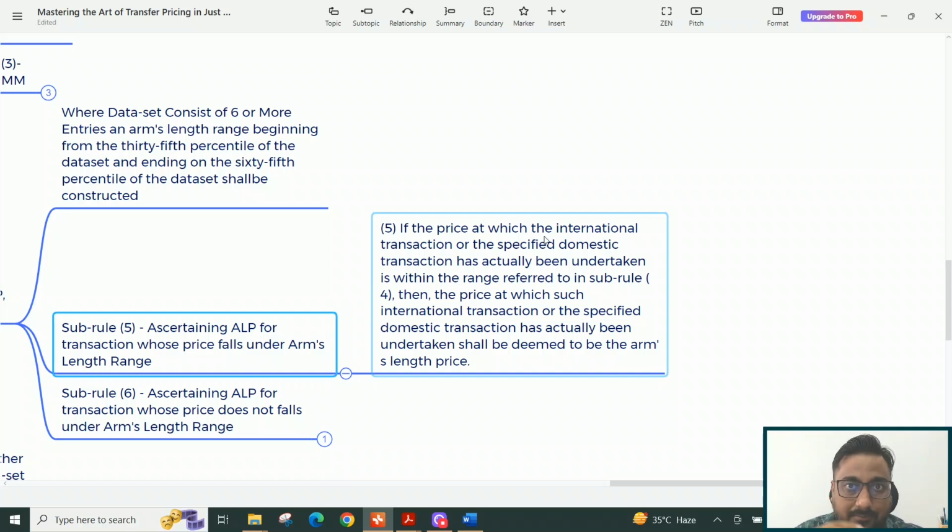If your margin falls under that arm's length range, then it will be considered at arm's length, right? This is the understanding of that particular provision.